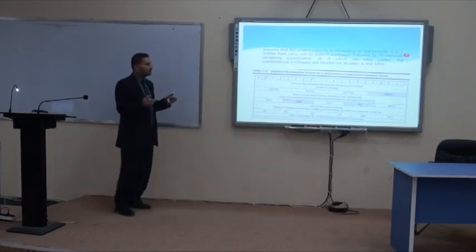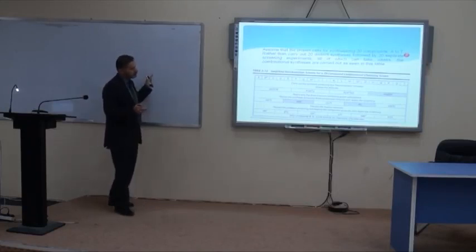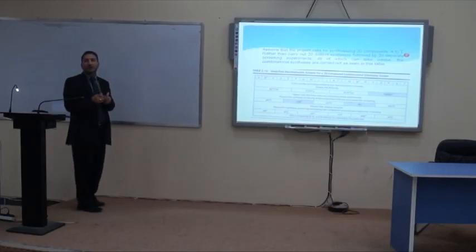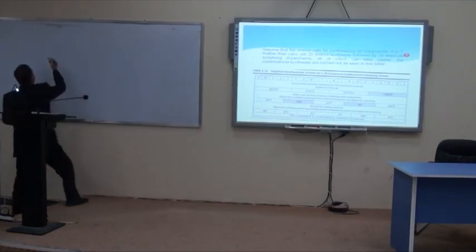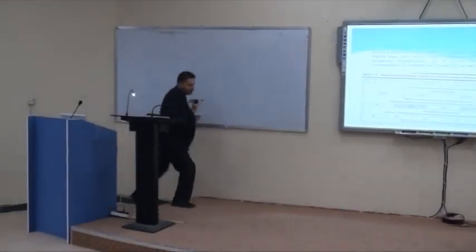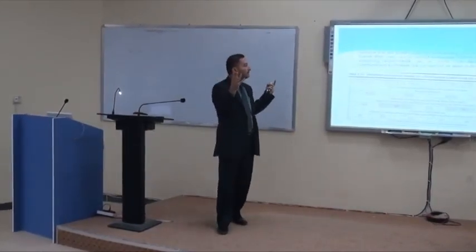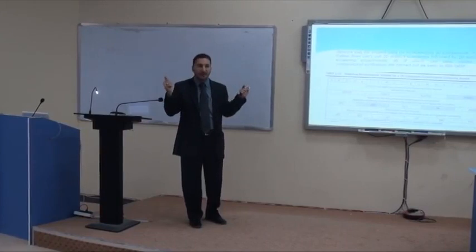If we discuss this table on the blackboard, we have 20 compounds from A to T compound. A, B, C, D, T. We will separate these 20 compounds in 4 mixtures.